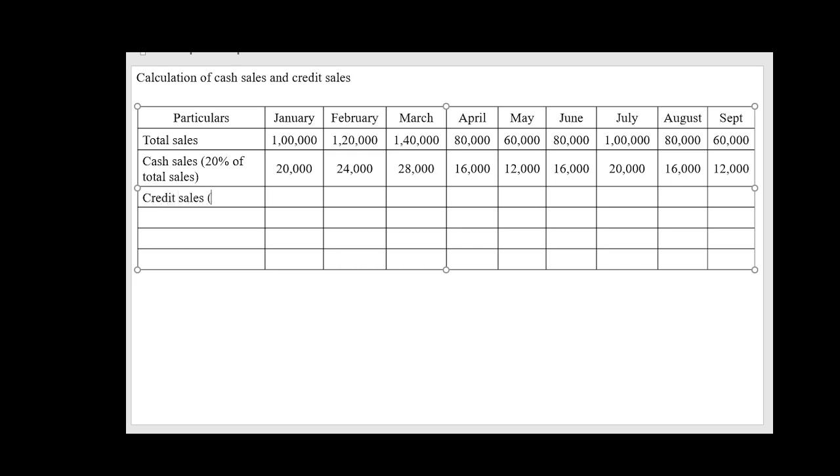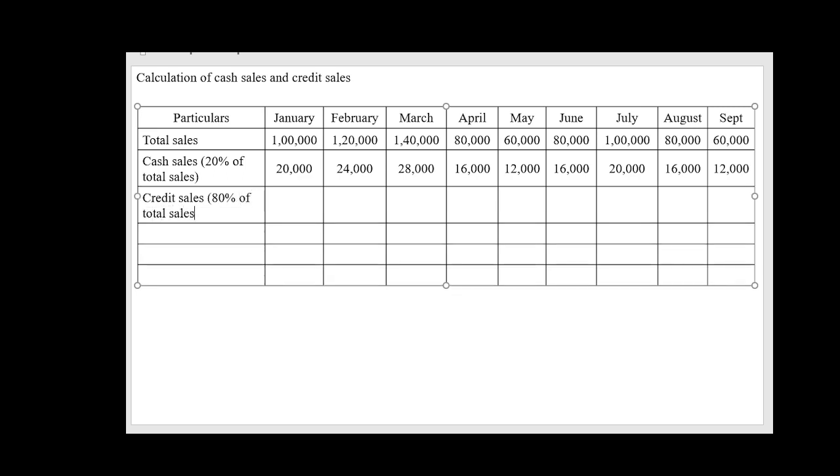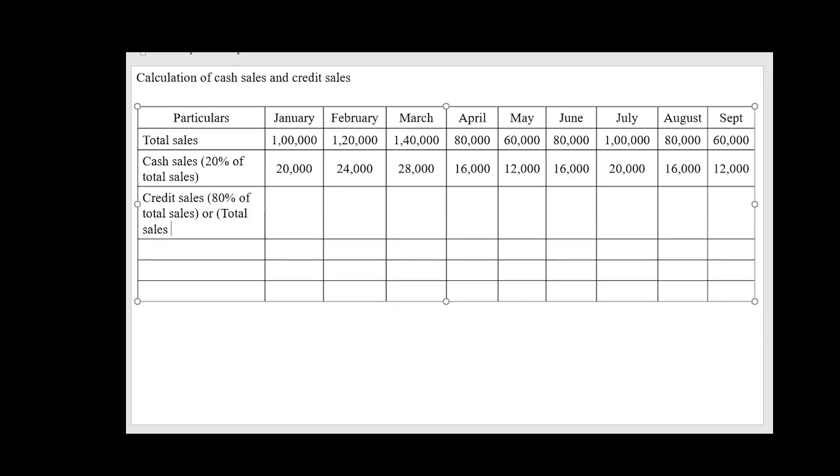The next coming to credit sales. Credit sales is 80% of total sales. Or what you can do, total sales minus cash sales will also give you the same figure. So 1 lakh minus 20,000 is 80,000.